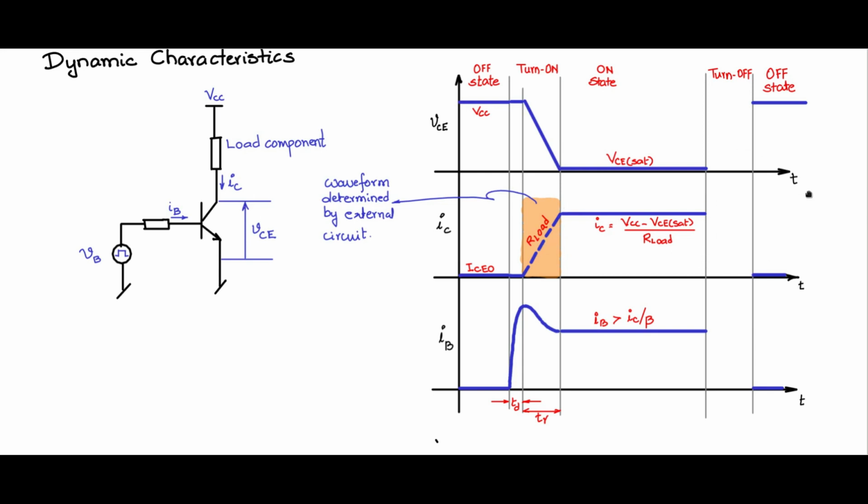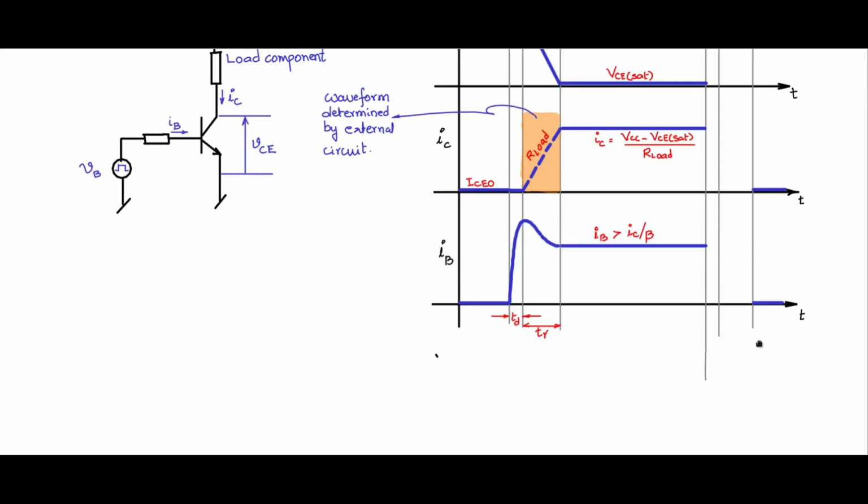And now let us come to the turn off period. In the turn off period also, I am going to divide that into two parts, where the smaller part is called TS. TS is the storage time, and this is followed by TF, which is the fall time.